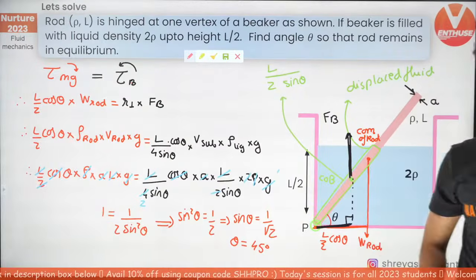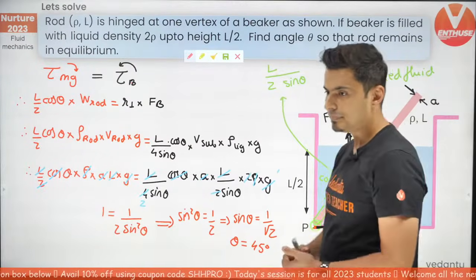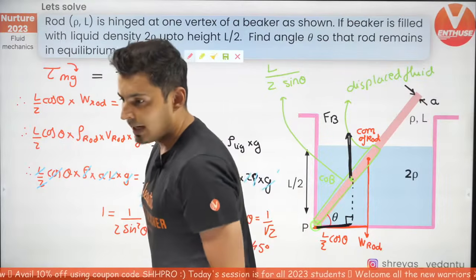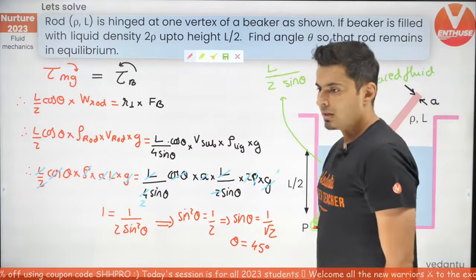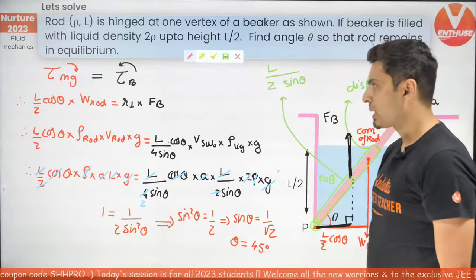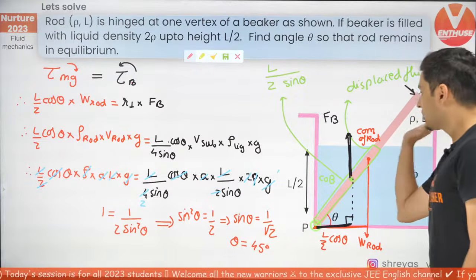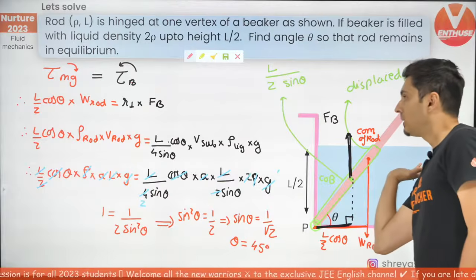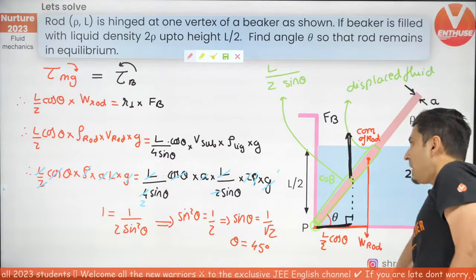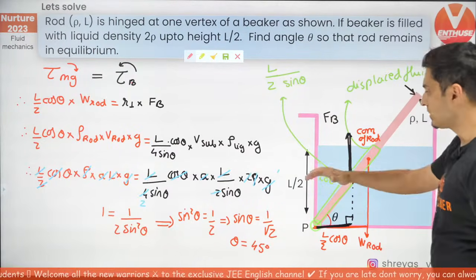Just check this out, see if it makes sense. I hope this is clear. So lot of trigonometry out here. What all happened? The rod was floating, so the torque by gravity is balanced by torque of buoyant force.